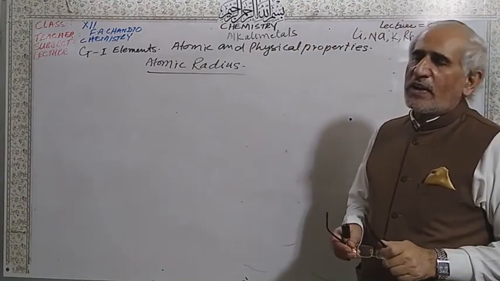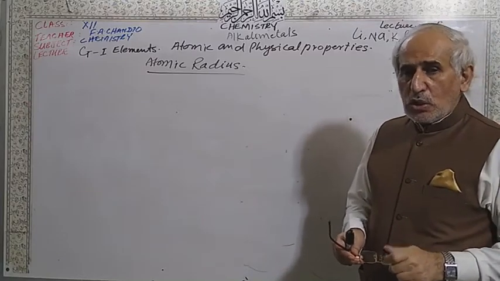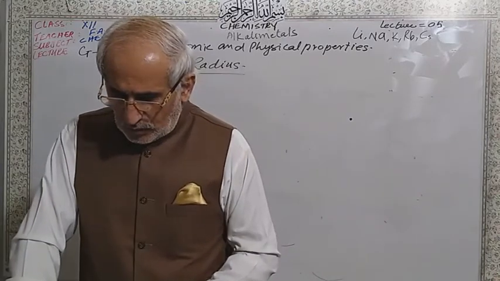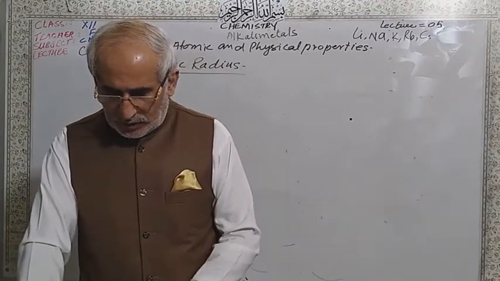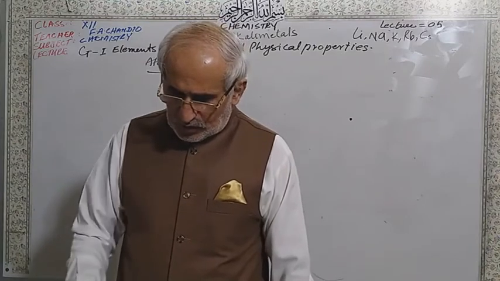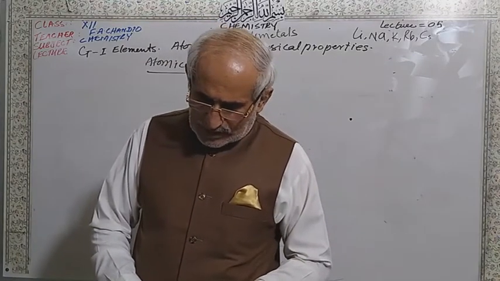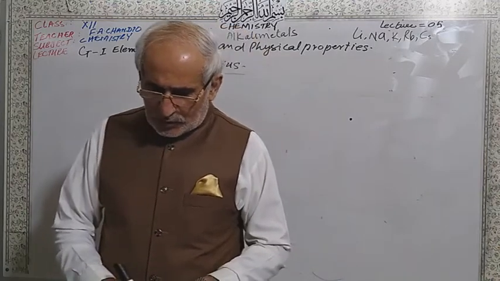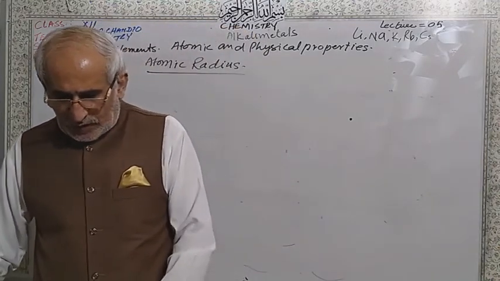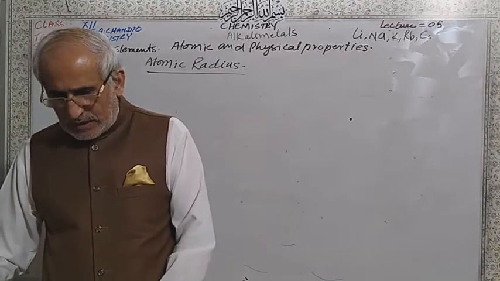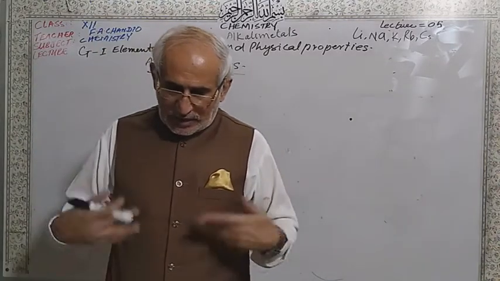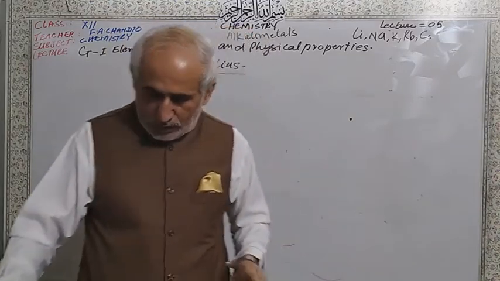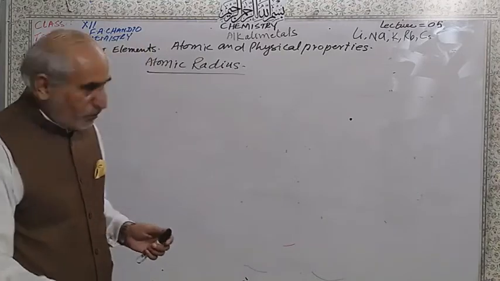Why is it going to increase? Because of the addition of new shells. As we go down the group, new shells are added. A graph is given in your book. If you move from lithium to cesium, atomic size is going to increase because of the addition of new shells. We also call it the shielding effect. The shielding effect is the repulsive force between the nucleus and the outermost shells.